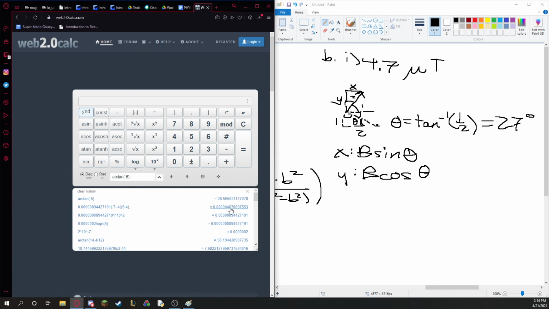We have our magnitude here. We'll just have the 4.67 microteslas times the sine of theta. Sine of theta is 1 over root 5, right? Because our hypotenuse is square root of 5.